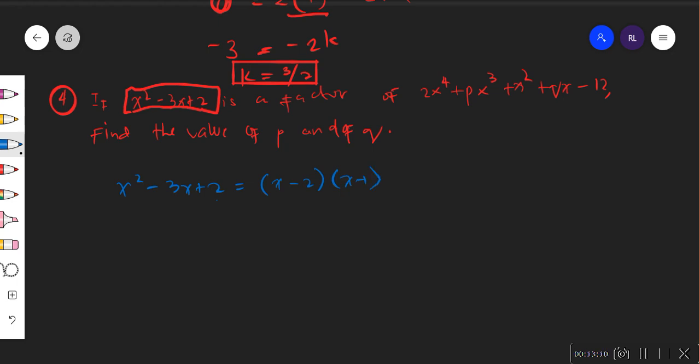So if this whole thing is a factor of that, therefore its factors are also factors of that one.